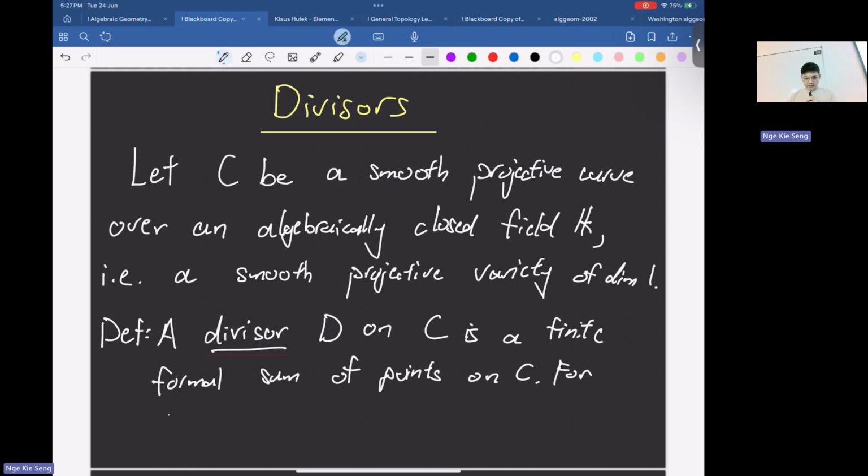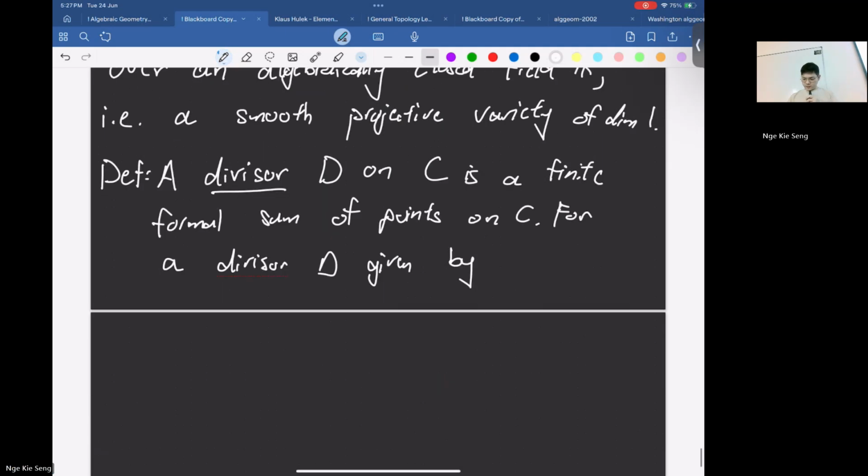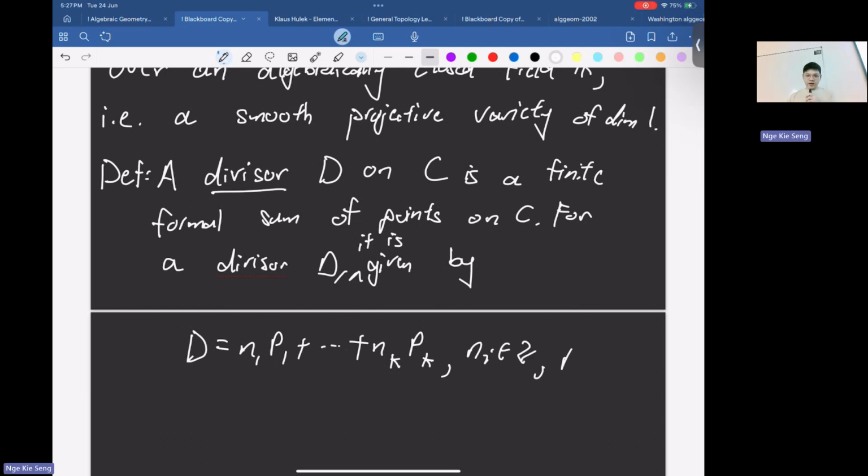So for any divisor D, it will be given by the following formula: D equals N1 P1 plus dot dot dot plus Nk Pk. So you attach some multiplicity to each point, and this is a finite sum.